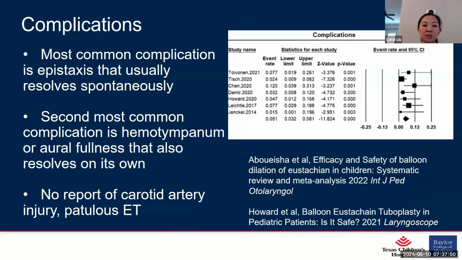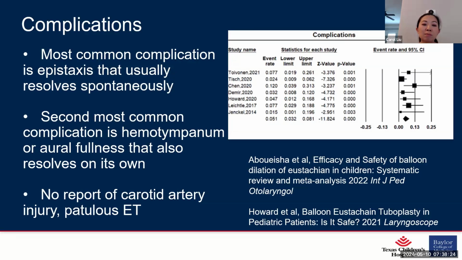So what is the most common complication? It is nosebleed, and usually it resolves spontaneously. And this is what has been reported in past systematic studies, and it is consistent with what we're seeing at Texas Children's Hospital. The second most common complication is hemotympanum or aural fullness, mostly likely related to the mild mucosal stretch injury from the dilation, but it typically self-resolves within 4 to 6 weeks.